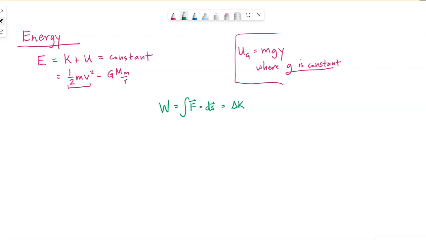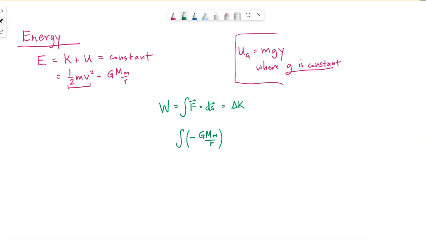All right, so our force we're dealing with here is gravitational. Now, the negative sign is because that force is always directed towards the Earth or towards the object that's being orbited. It's an attractive force.